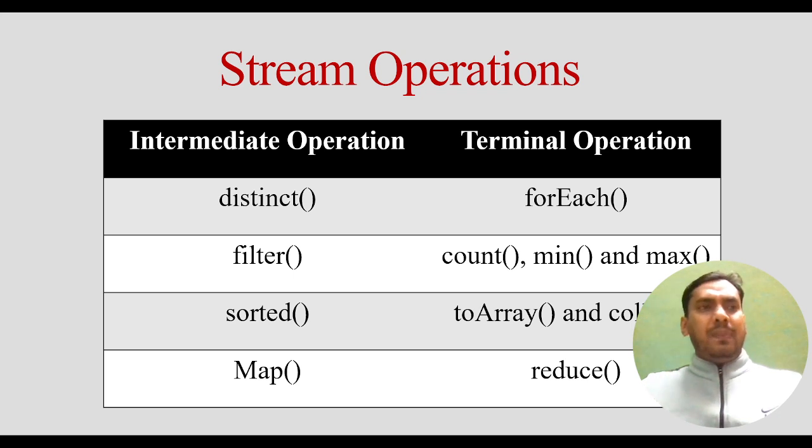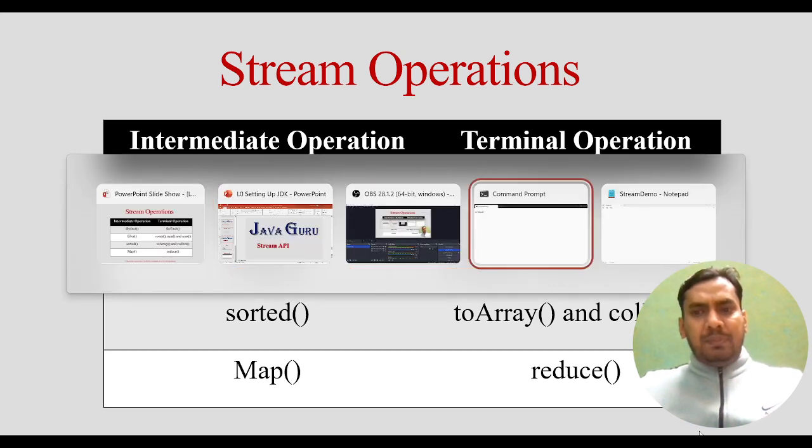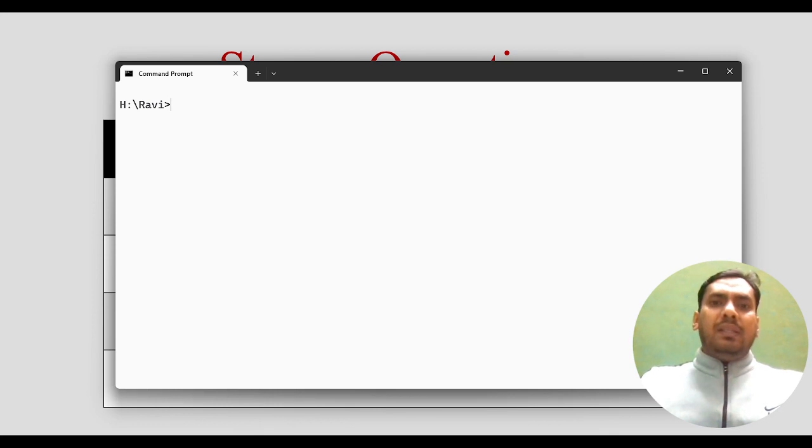But the second aspect is, let's say I have some collection, an array list or a hash set, and I want to create a stream. So how will I create a stream? For that purpose, I'd like to show you here. We have been provided with new methods in the collection interface.